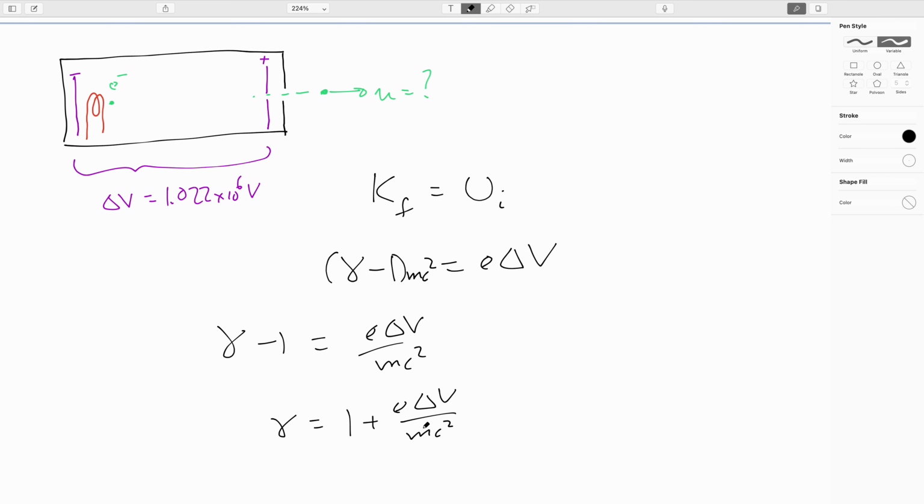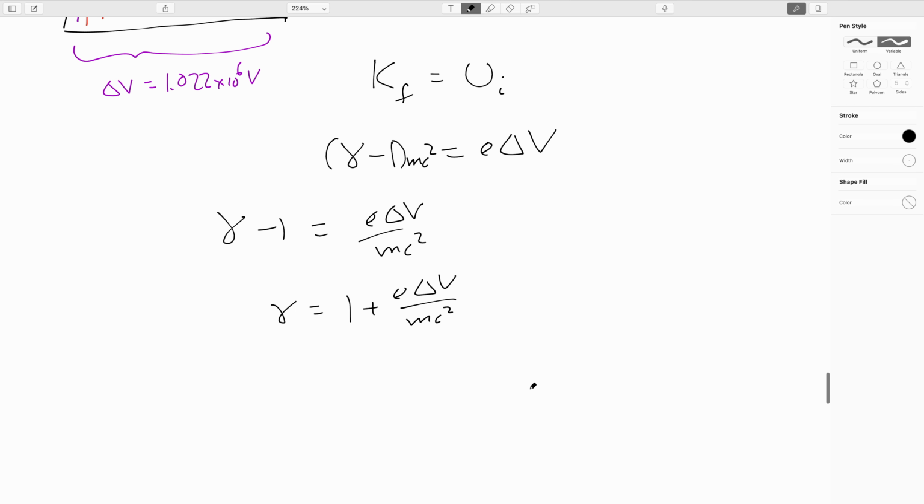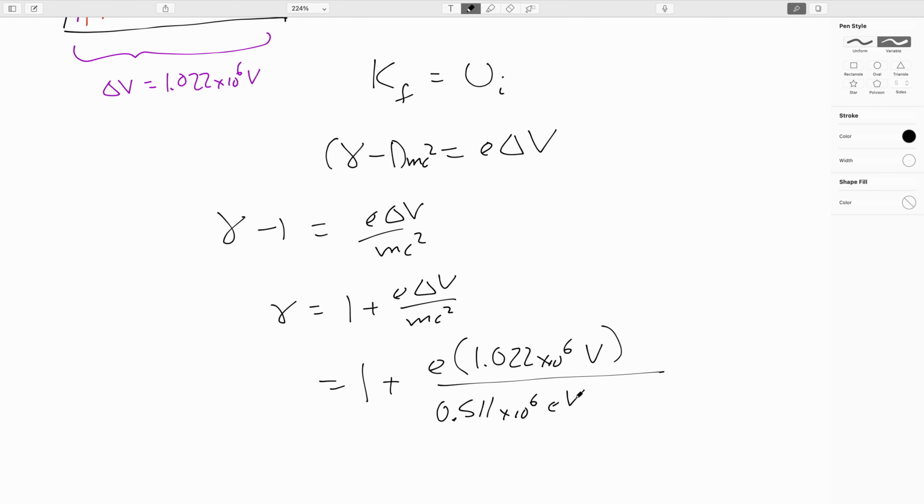All right, so let's go ahead and figure that out. That's going to be 1 plus, we can just leave our e, because that's the beauty of using eVs for units. We set the potential difference to be 1.022 times 10 to the 6th volts. The mass of an electron is 0.511 times 10 to the 6th eV per c squared.